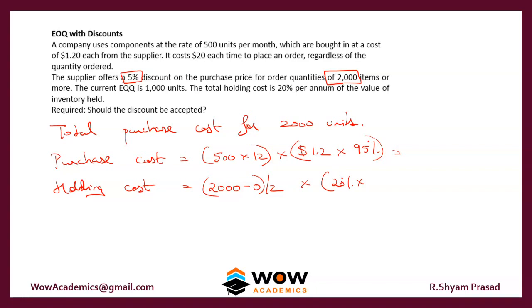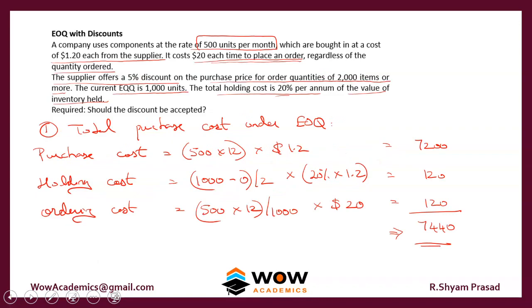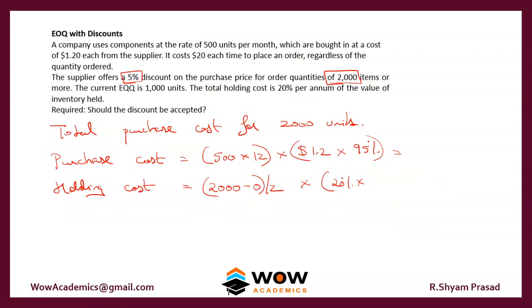What is the unit price? It is not 1.2 like we did earlier. Earlier we took 1.2 because the unit price was 1.2, but now the price is 1.2 into 95%. So we'll multiply 1.2 into 95%, and that will give you the new per unit cost.